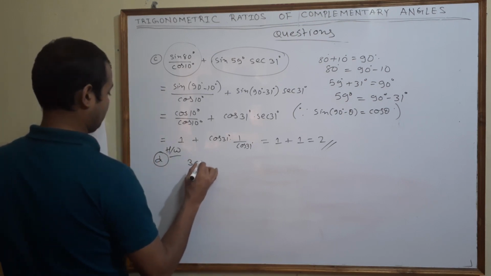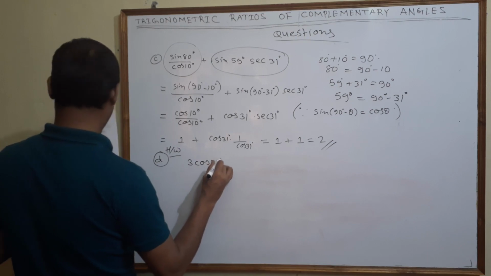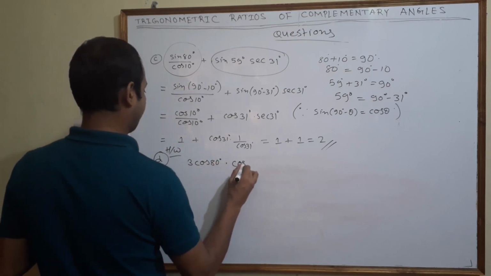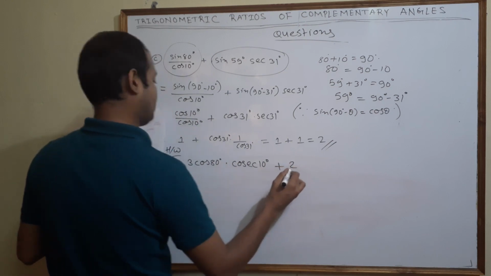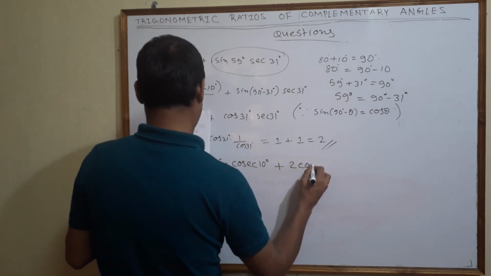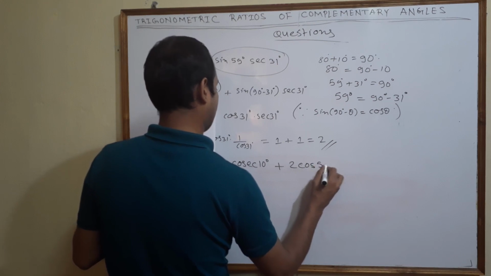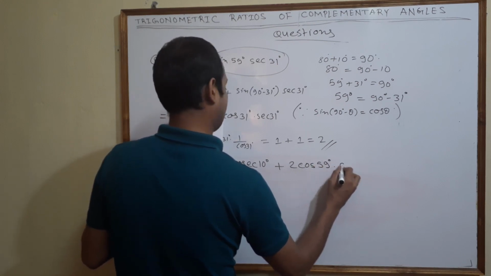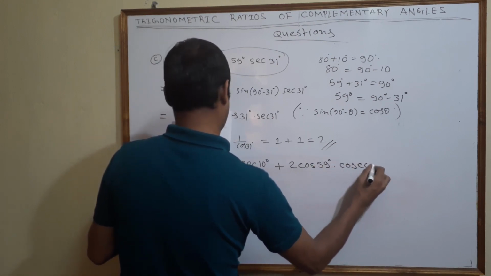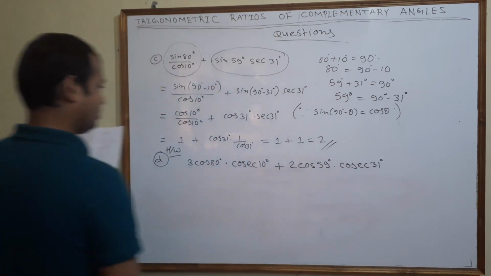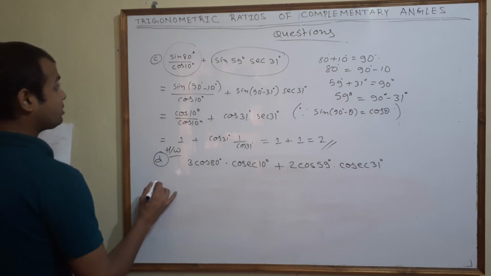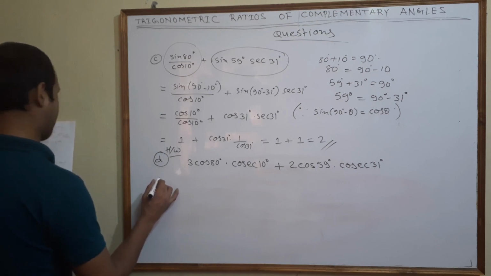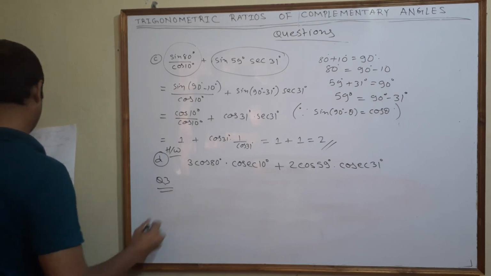3 cos 80 degree into cosec 10 degree plus 2 times cos 59 degree cosec 31 degree. Now let us move on to question number 3.